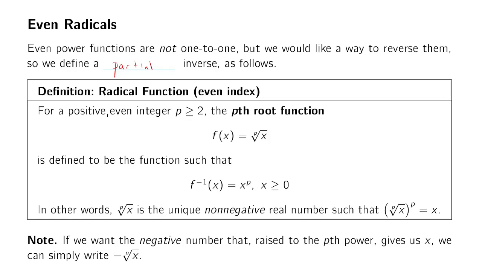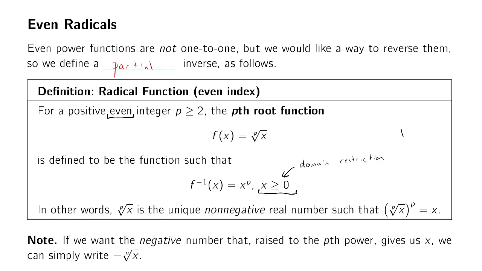For a positive even integer p, we define the pth root function to be the function whose inverse is x to the p with the domain restricted to positive numbers or 0.